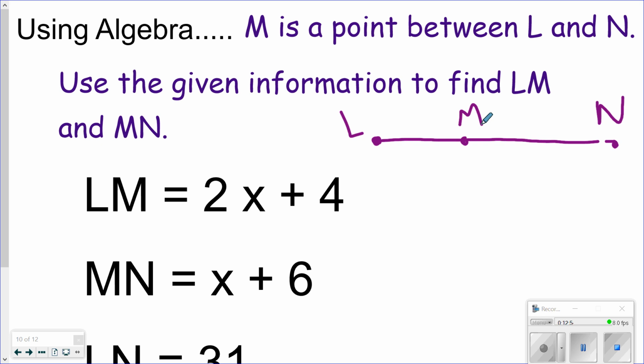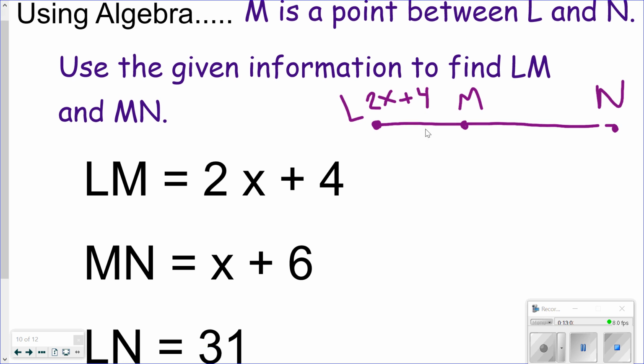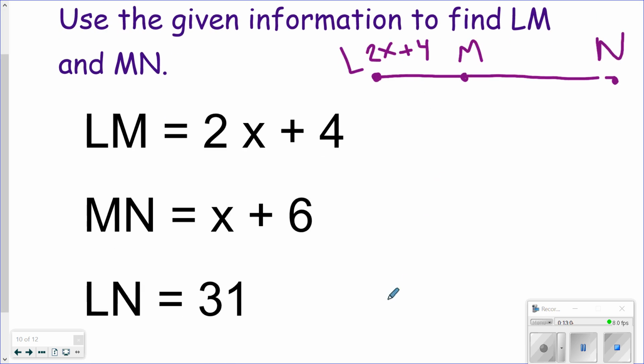All right, so LM is equal to 2x plus 4. Scroll down. I know that MN is equal to x plus 6. And LN, which is the entire segment here, is equal to 31. All right, let's set up our equation. What is the entire segment?